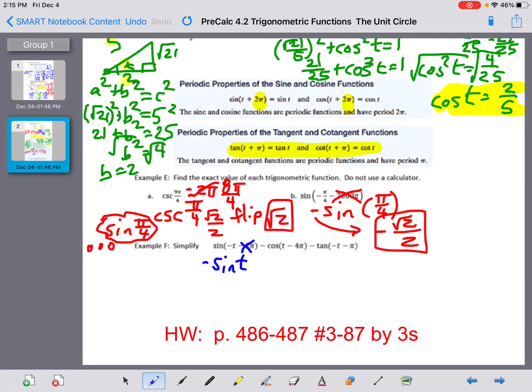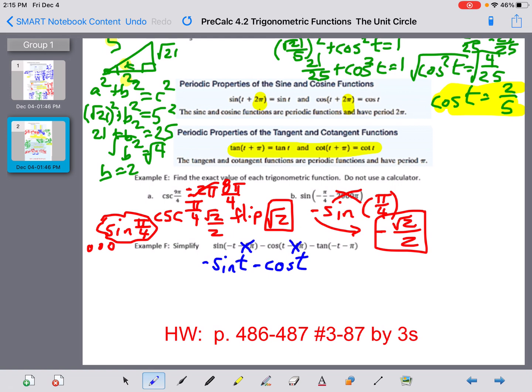All right, on to my second term, cosine of t minus 4 pi. Inside that, whatever that angle is, minus 4 pi means I went clockwise around the circle 2 more times. It doesn't matter, okay? And there's a minus out front, but nothing else, so it's just minus cosine t.